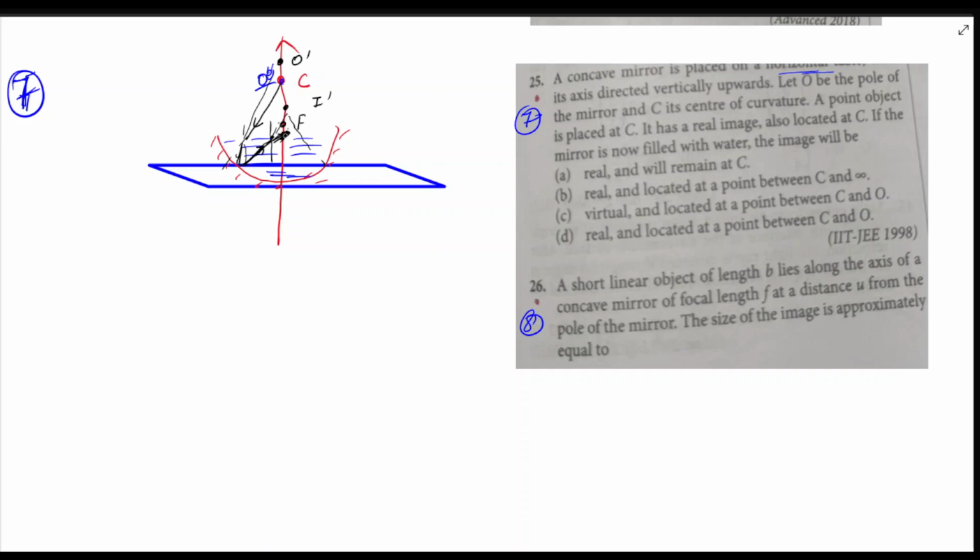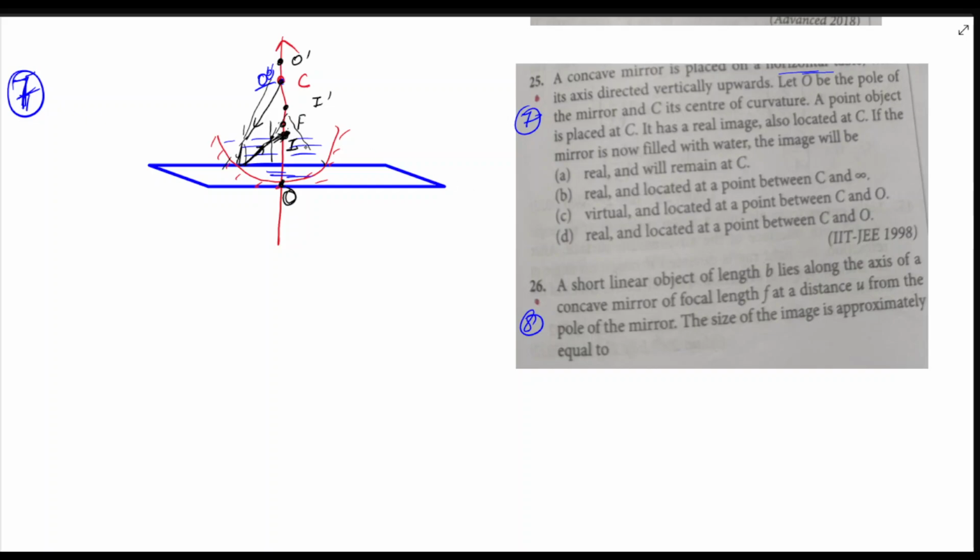At this point maybe between C and O, or maybe between F and O, we don't know, but it will definitely be between C and O. So this final image I may be between C and F or F and O, but it will definitely be between C and this point. So let's say this is our C. So it will be between C and O. Okay, are you getting me?